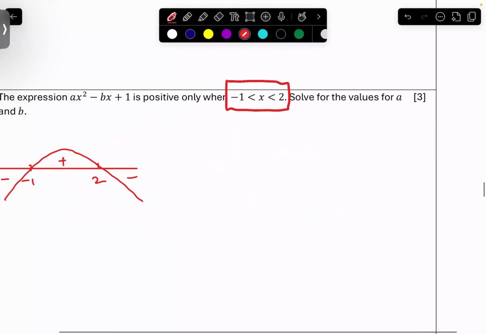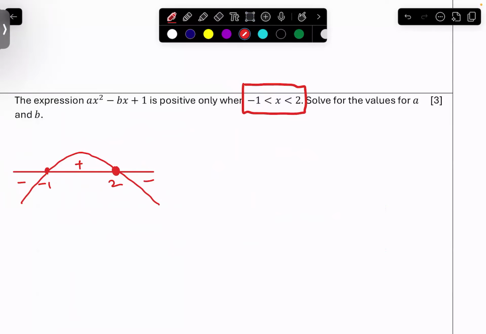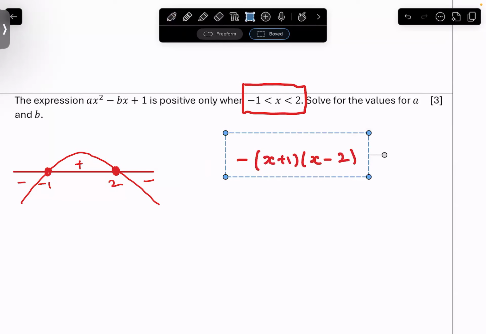Because of the critical points, we can say that ax squared minus bx plus 1 is actually the same as the negative version of x plus 1, x minus 2, because those are the critical points. So the quadratic equation looks something like this: negative x plus 1, x minus 2.